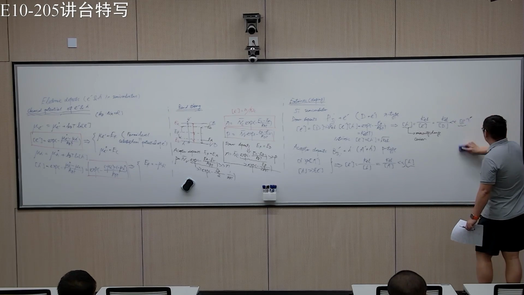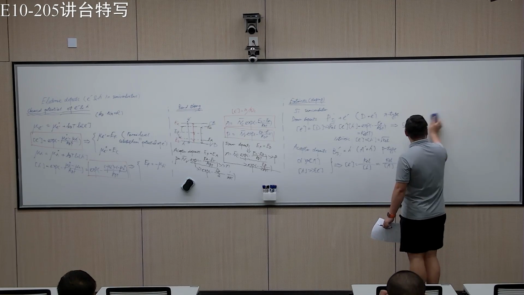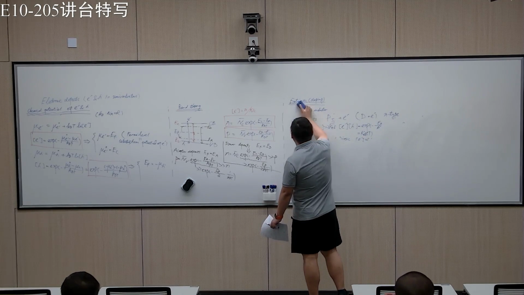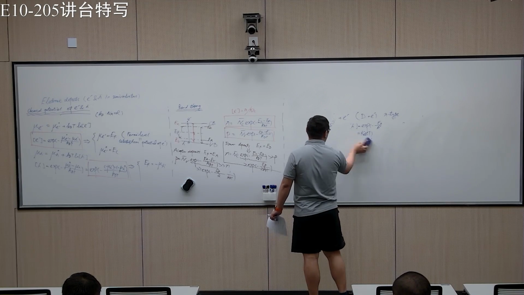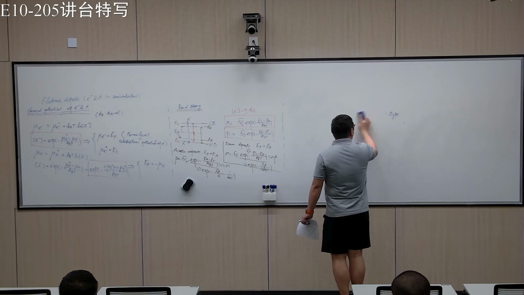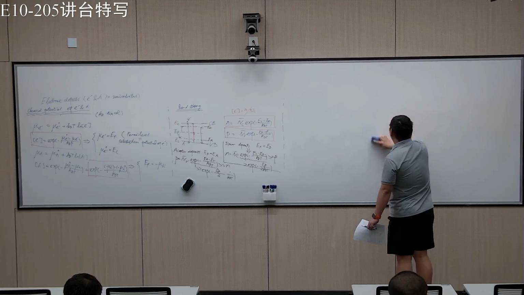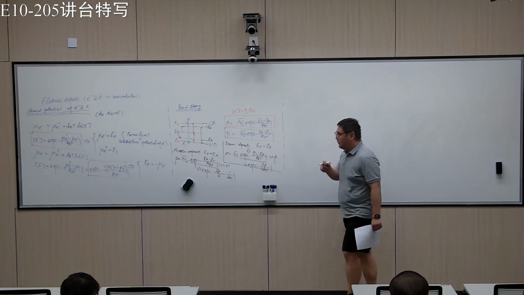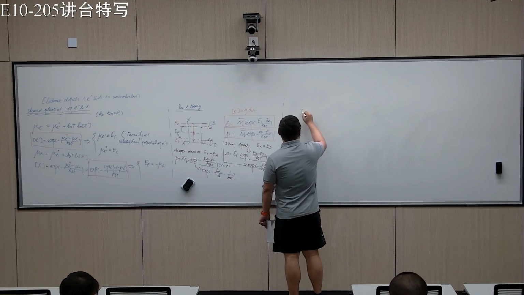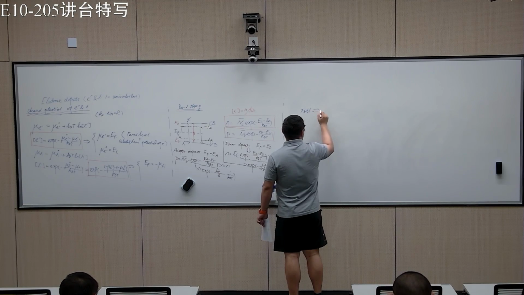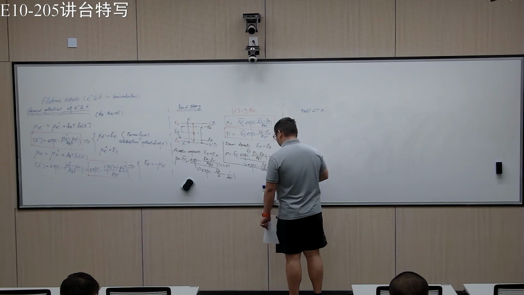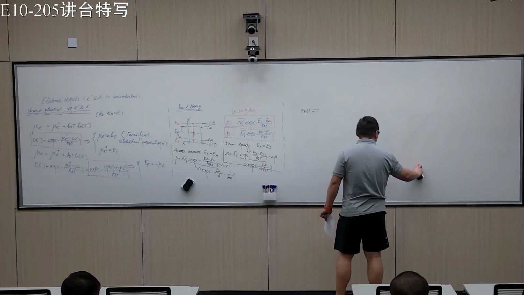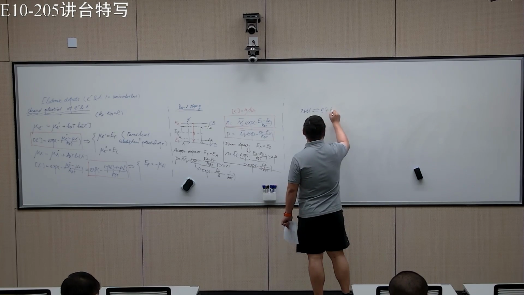Let me just erase this part. This can actually be quite easily rationalized by thinking about the chemical reaction, the defect chemical reaction, sorry. It's the electron and holes.